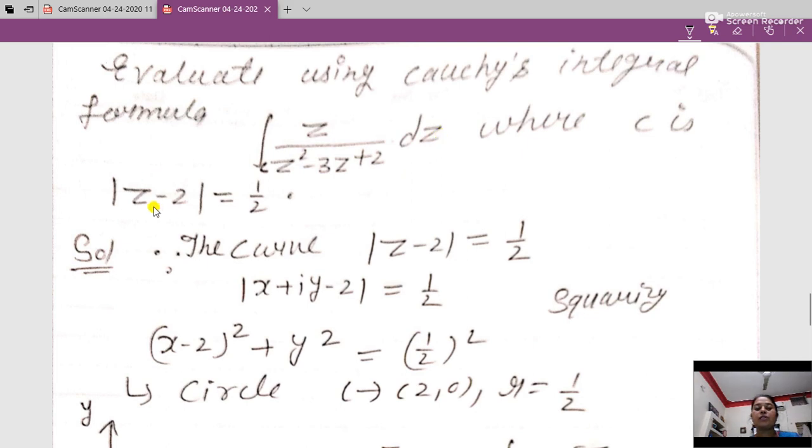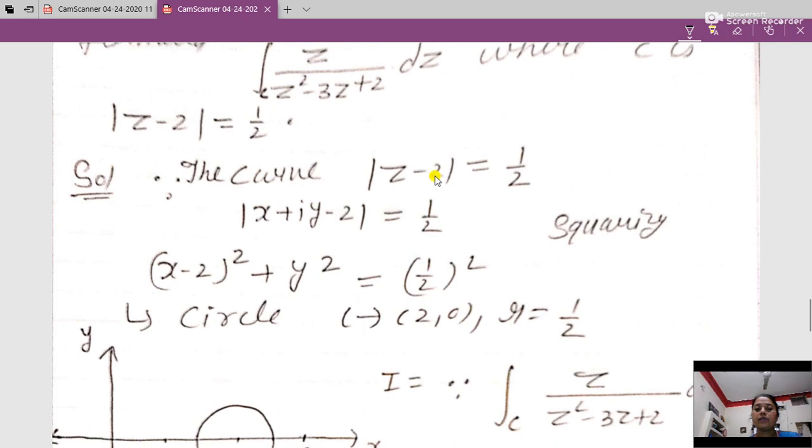Now first we discuss what the curve is. Since the given curve is mod z minus 2 is equal to 1 by 2, let's analyze it. Since z is equal to x plus iy, we write it as mod of x plus iy minus 2 is equal to 1 by 2. Now, we know how to find the mod: square root of the square of the real part plus the square of the imaginary part.